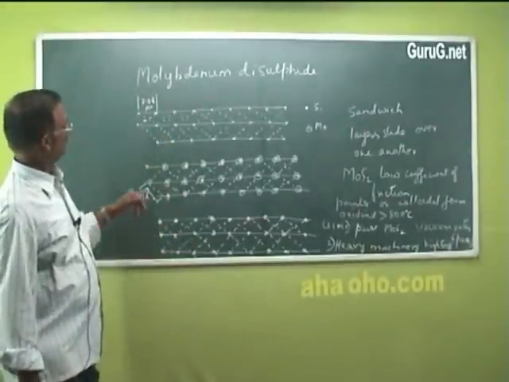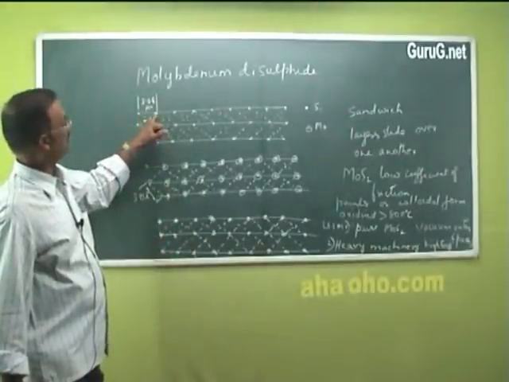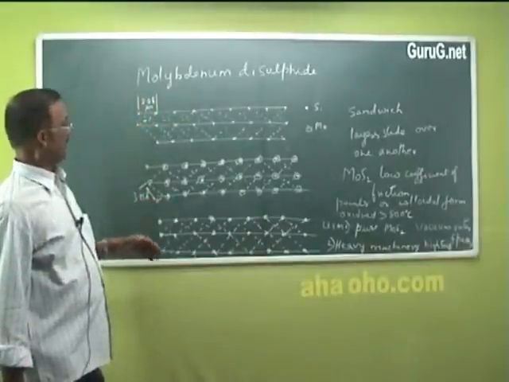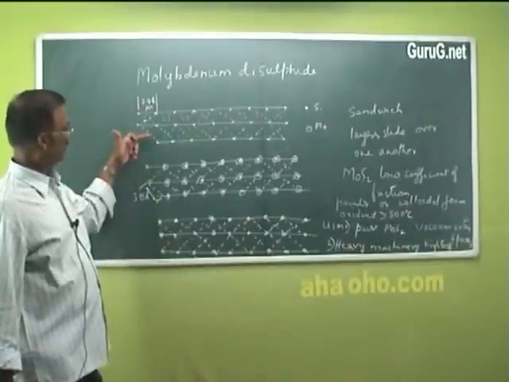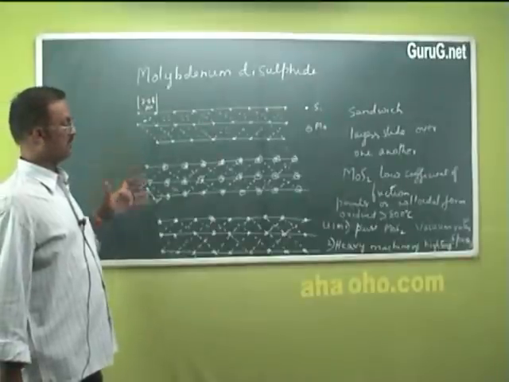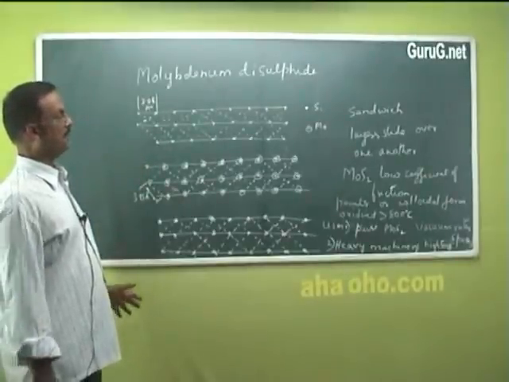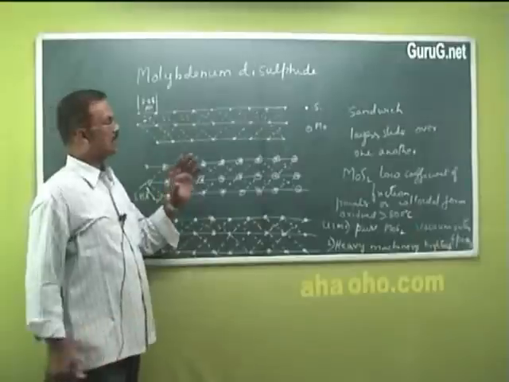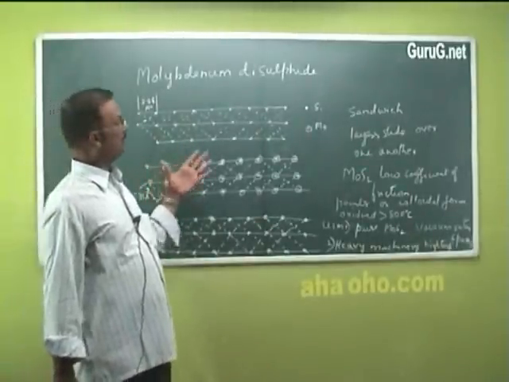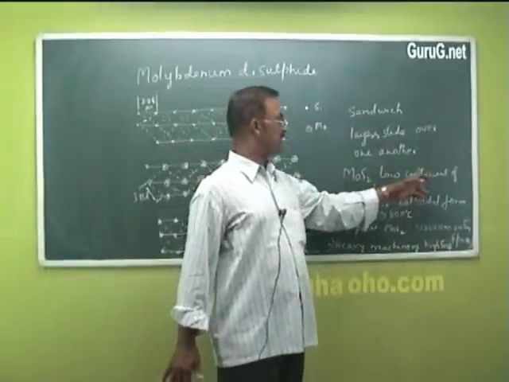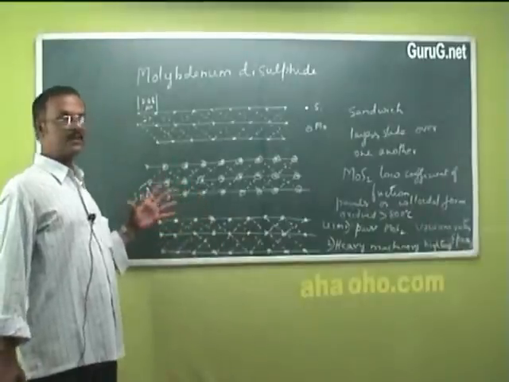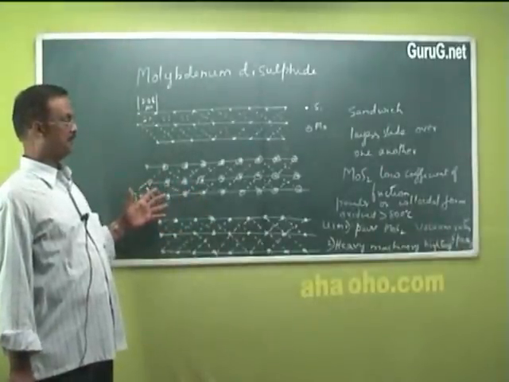Now you see the distance between two sulfur atoms is 3.08 angstrom units, and the layers are linked together by weak van der Waals force of attraction. So the layers can slide over one another, and this molybdenum disulfide has a low coefficient of friction, so it can function effectively as a lubricant.